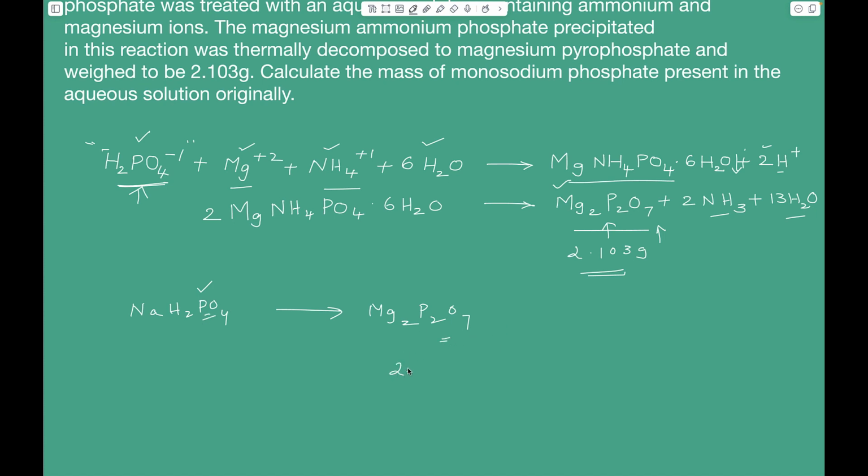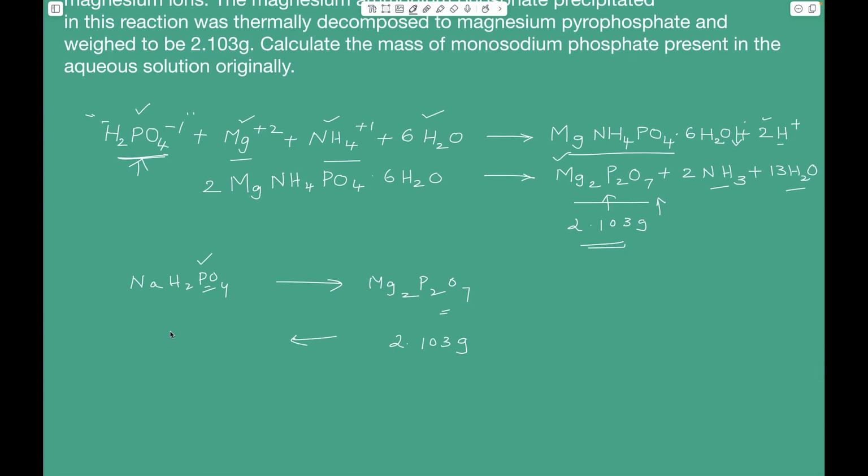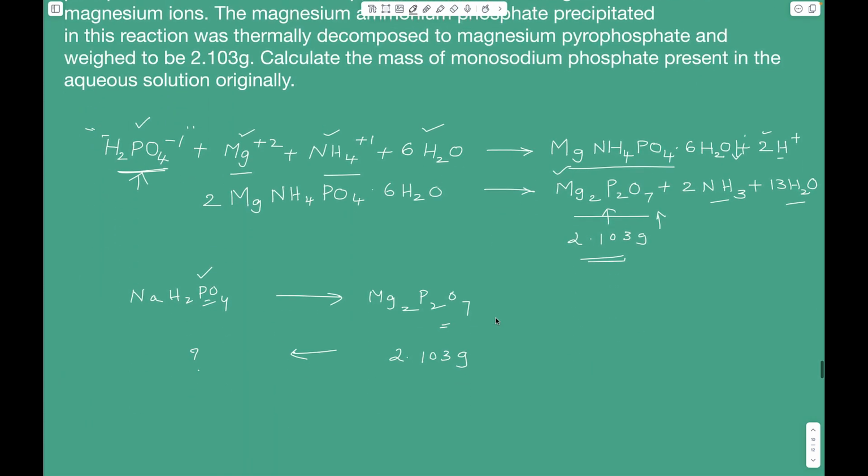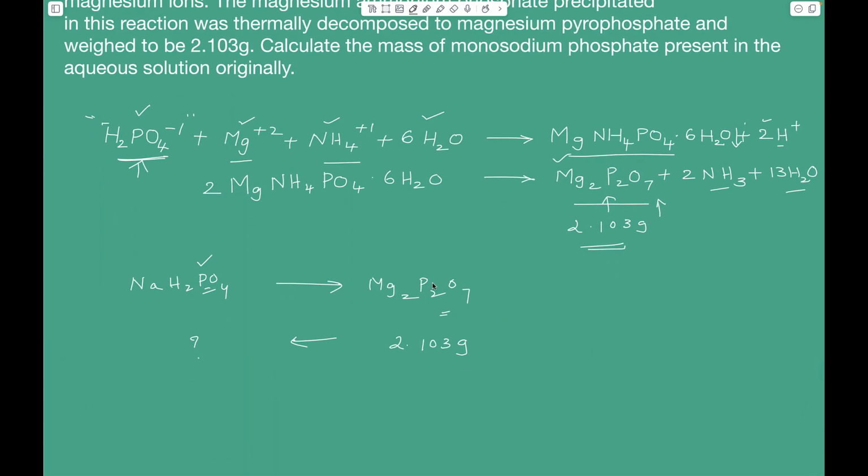We are given the mass of this magnesium pyrophosphate formed, and we are asked to figure out the mass of monosodium phosphate that we started with. And this is similar to the questions we have done before. So to answer this question, we don't have to look at all the reactants and products or the balanced chemical equation. We can apply the law of conservation of mass only to this part of the reaction that we are interested in.